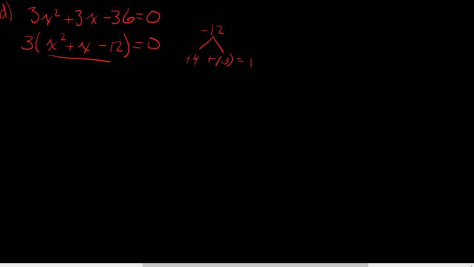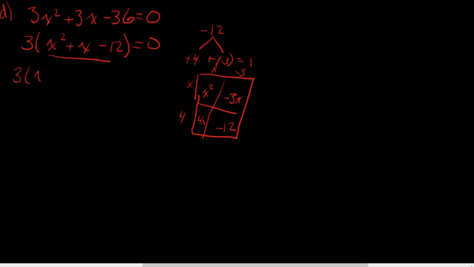So this can be set up in a table. I'll have x squared, negative 3x, positive 4x, and negative 12. I start pulling things out of here, and I'll end up with this, which means this can be rewritten as x minus 3 times x plus 4.